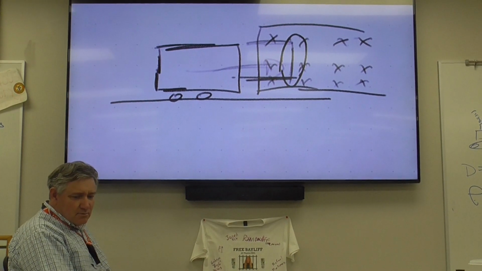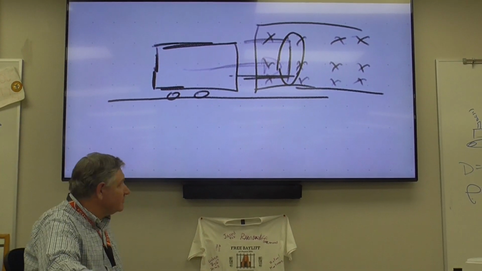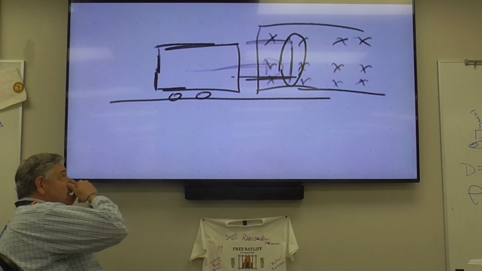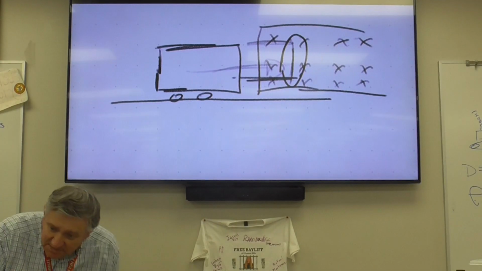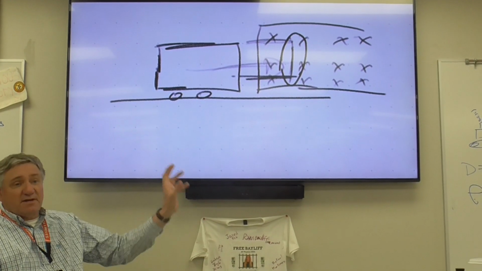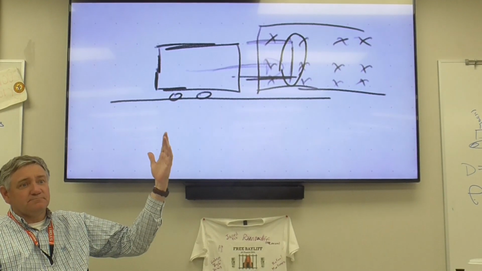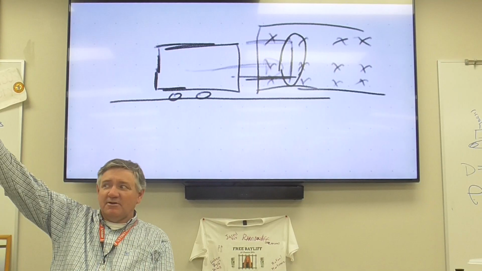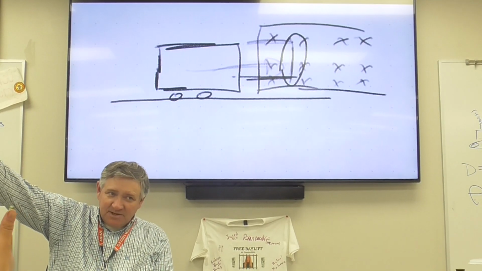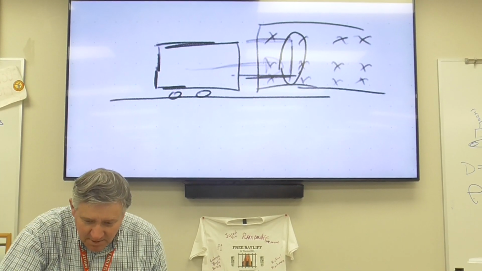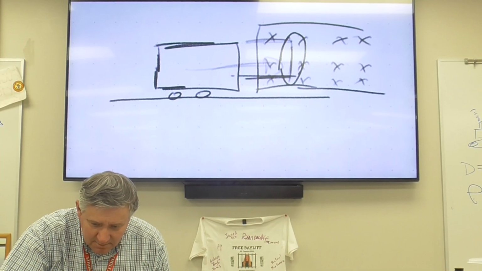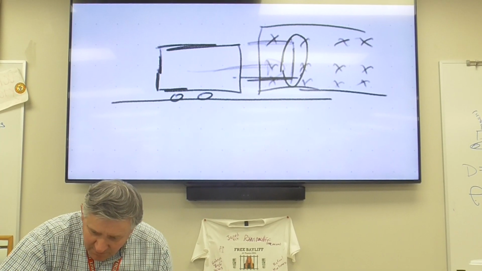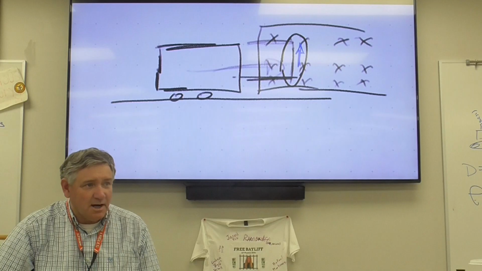So if that's the case, which direction is the current going to move in the front edge of that wire? Up or down? Everybody up. So the current is going to be moving up.